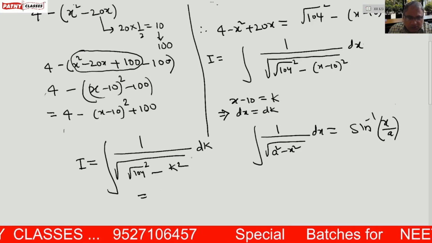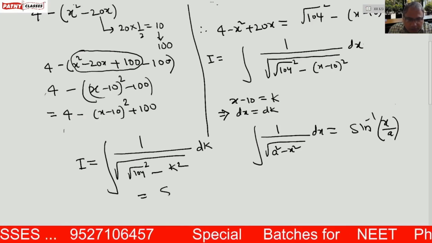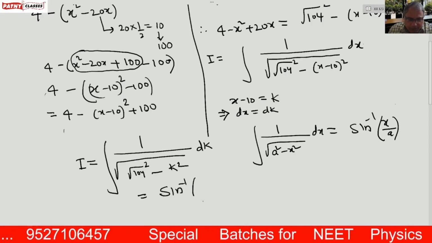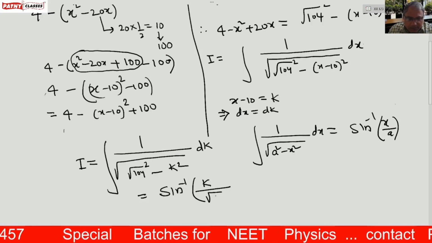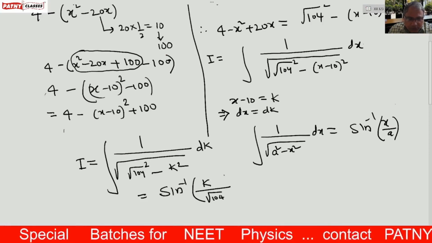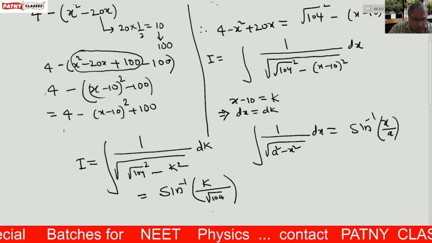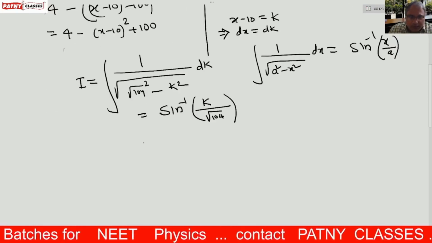Here the function is k. Therefore, the integration of this becomes sine inverse of k upon a, where a equals root 104. Now I put the value of k here.